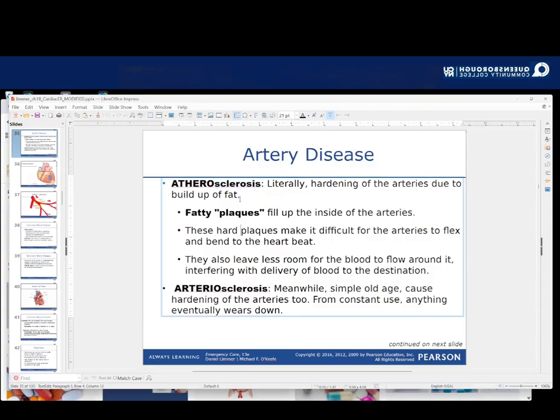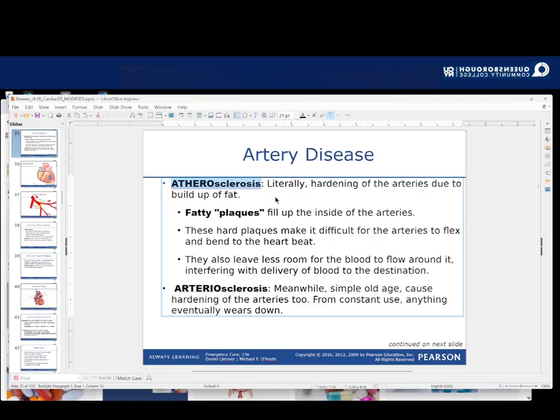What's a common cause of atherosclerosis? Bad living: eating too much, exercising too little, using voluntarily ingested toxins. So eating too much, especially carbohydrates, causing obesity, exercising too little, so you're not burning off the calories you're taking in, and then voluntarily taking toxins such as alcohol, tobacco, party drugs.